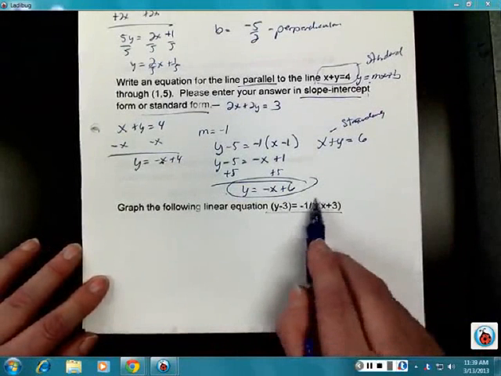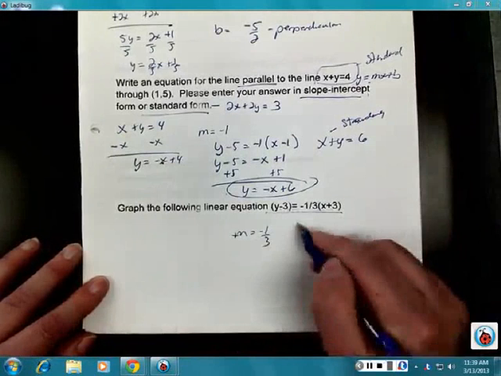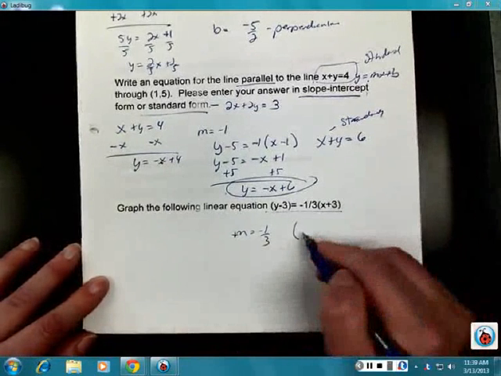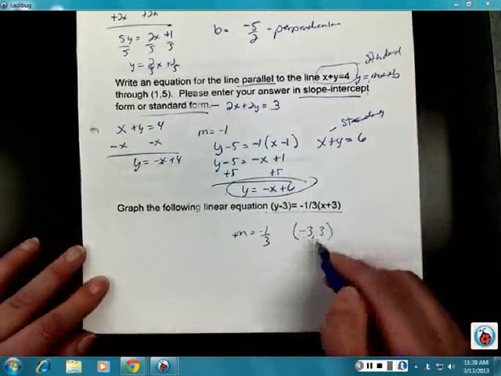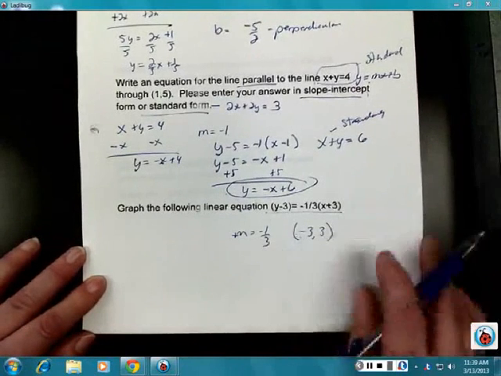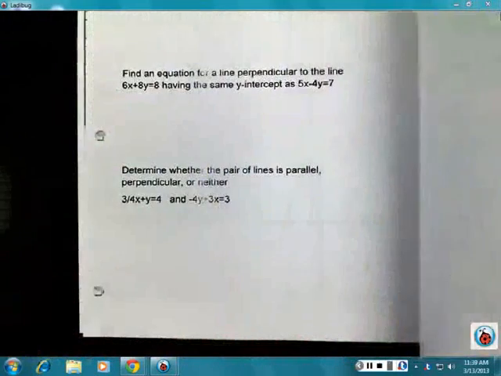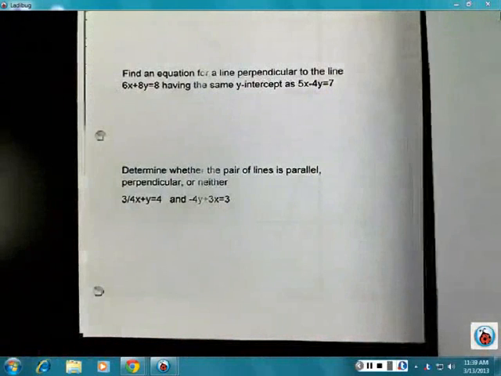Your slope is negative 1/3. Your point is negative 3, 3, because your sign changed in there. And then you just plot this and move your stuff around, and we've done lots of those. We got some more on the back page, but I think they're pretty much similar to what we have.